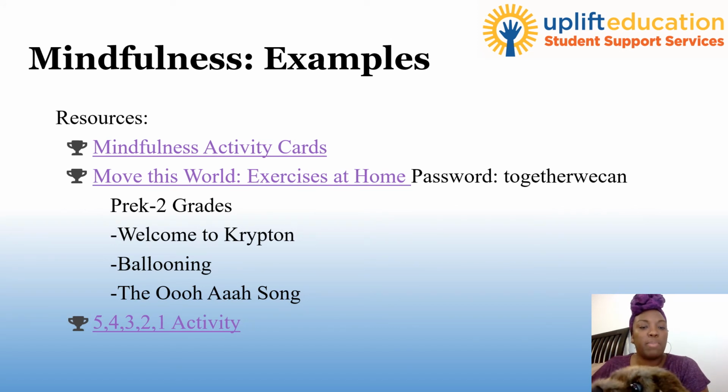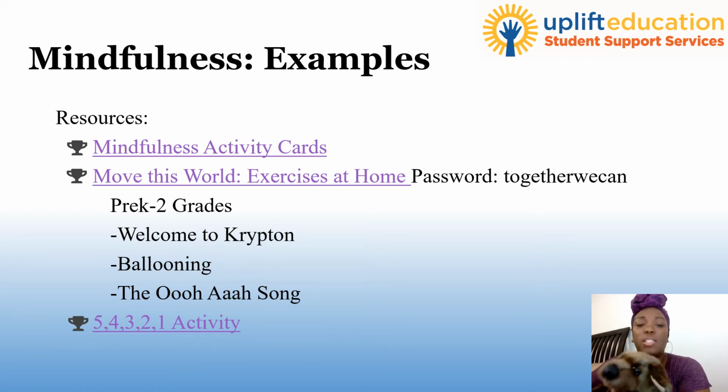So here are some mindfulness activities that you can do virtually. The first one is a mindfulness activity card. The second one is a library of resources or a library of videos that are specifically for pre-K to second grades. And there is a password. So just make sure that you have the password there for you or for your scholars, if you're sharing the link with them and families on Google Classrooms or other platforms.